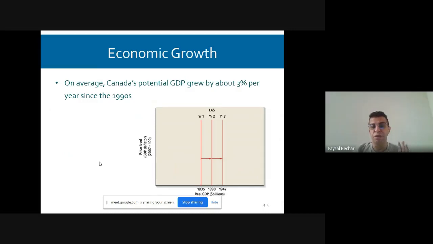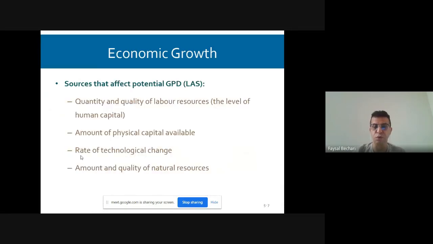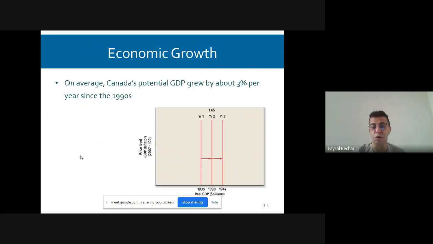So on average, Canada's potential GDP has grown by 3% every year since the 1990s, and the causes of the growth are these points, or a combination of them, or some of them.